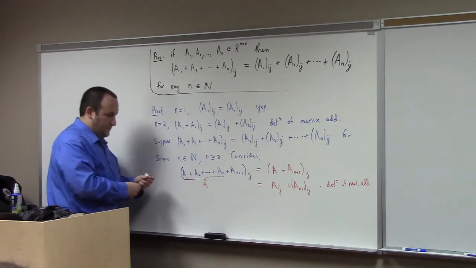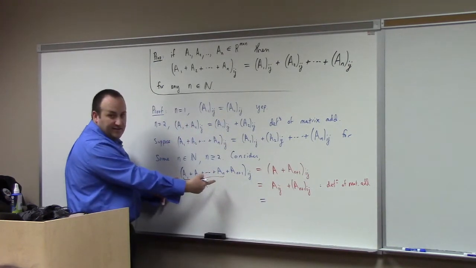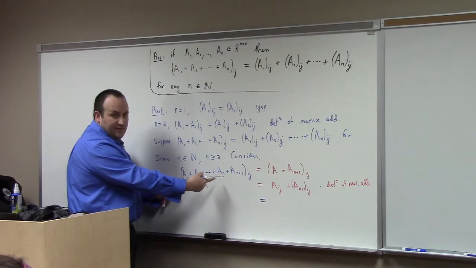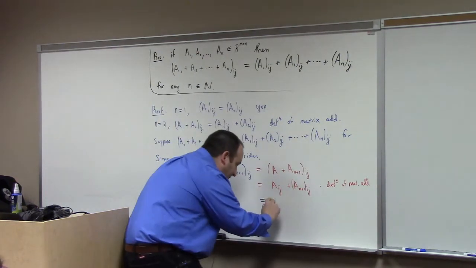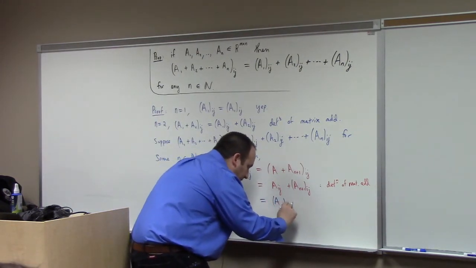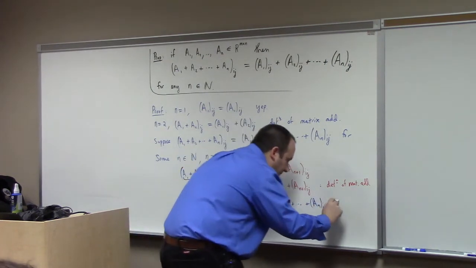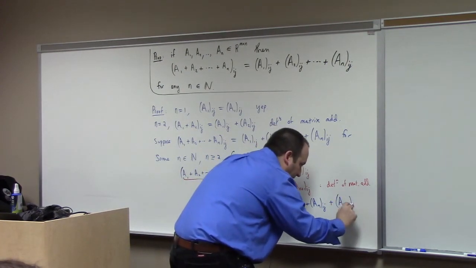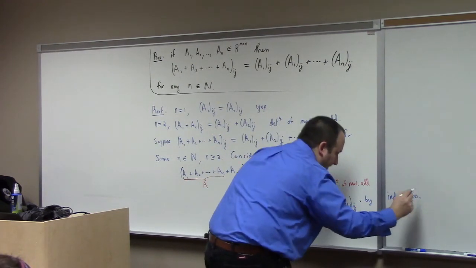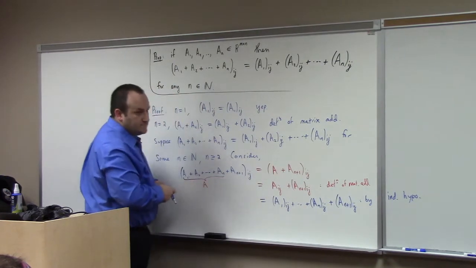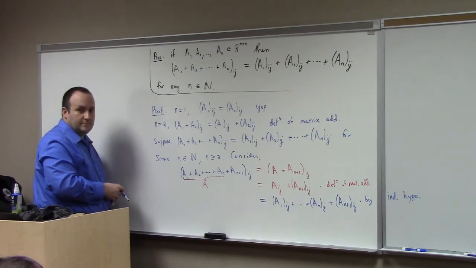And then what's my next step? Well, it's the ijth component of that, right? So by the induction hypothesis, that's (A1)_ij + (A2)_ij + ... + (AN)_ij. So by the induction hypothesis, I can say that's (A1)_ij + ... + (AN)_ij + (A(N+1))_ij.